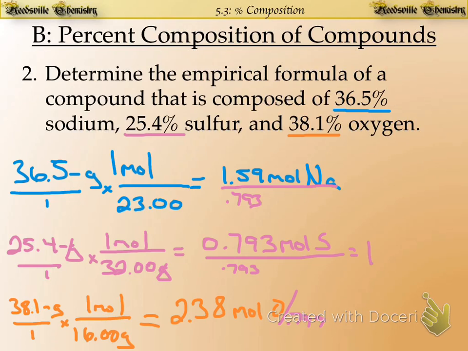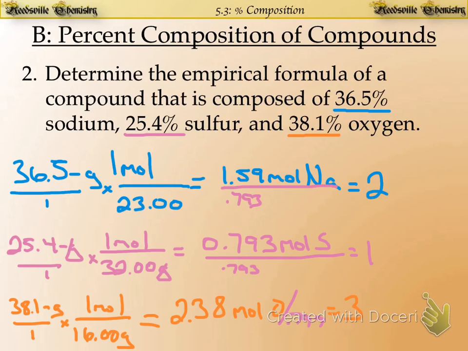This is just going to equal 1. Looking at this, 1.59 divided by 0.793, we're going to get about 2. Pretty darn close. The other one might be giving us an issue, though. 2.38 divided by 0.793. Oh, no, we get 3. So it looks like it's going to come out nice.